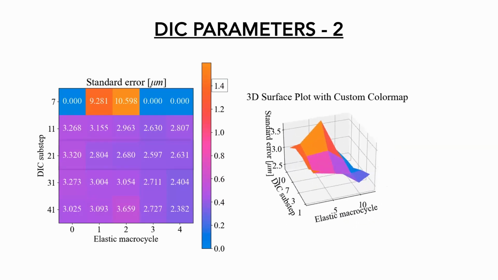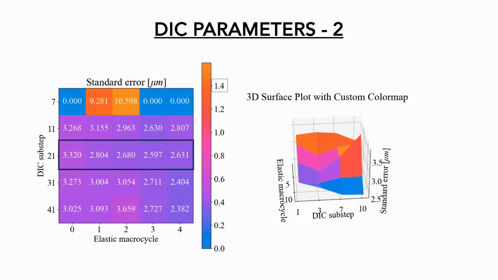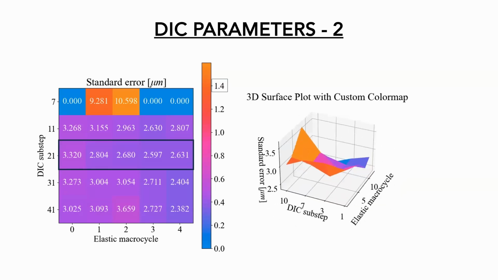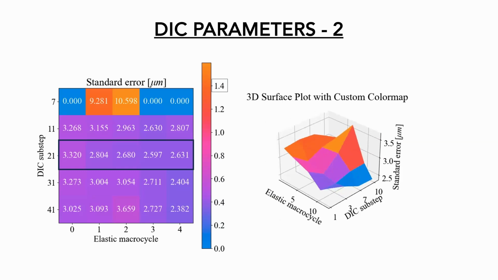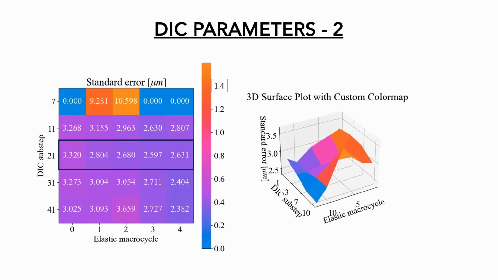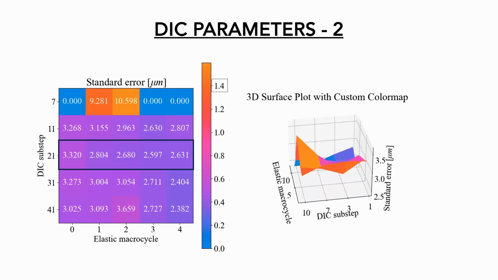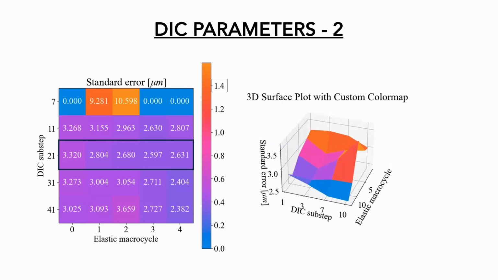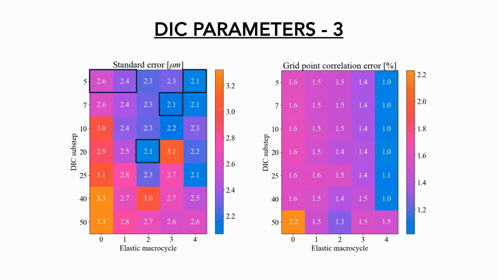So we decided to take the averaged minimum one, that is not so different from other ones, but it is a starting point. So we have the same grid for every microcycle that can be very useful for a lot of specimens.